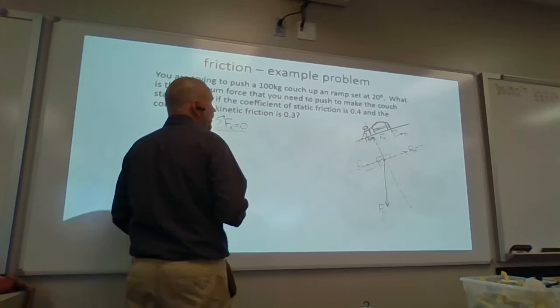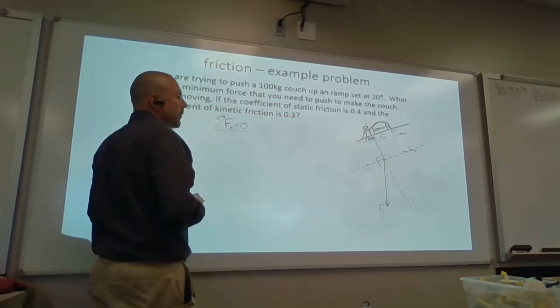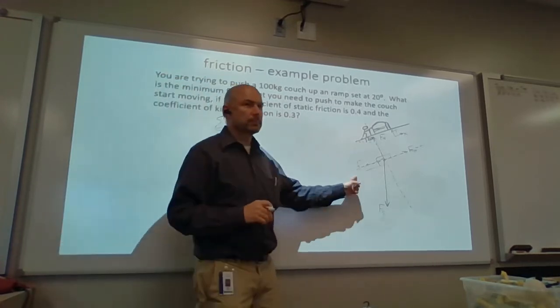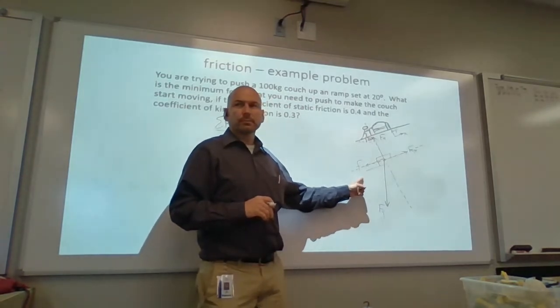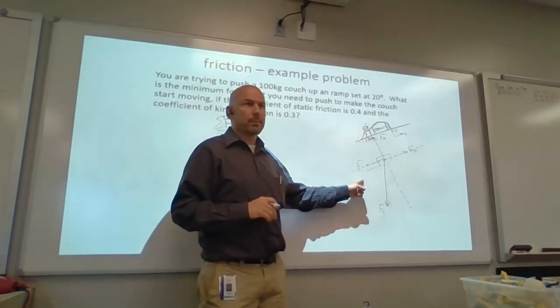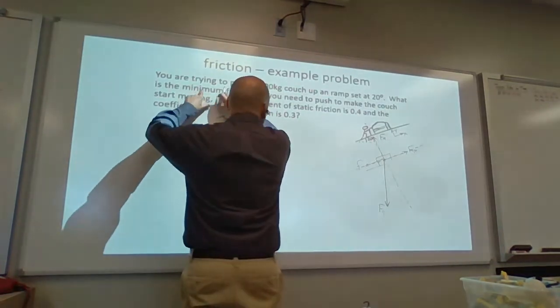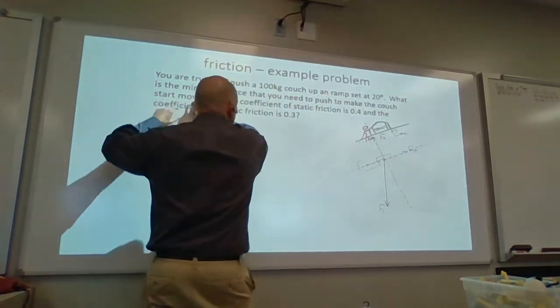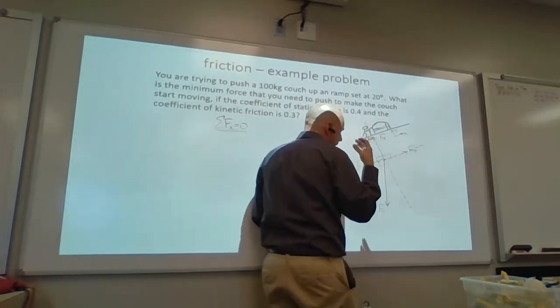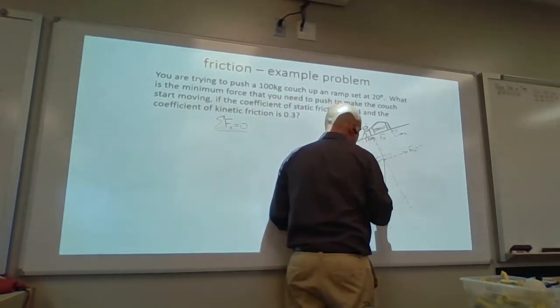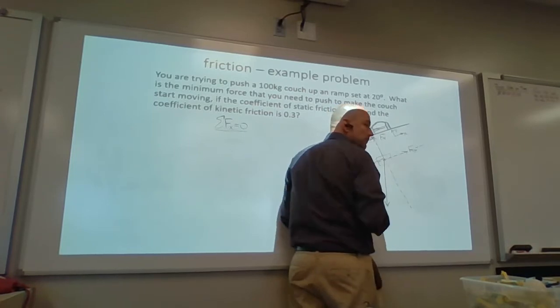Okay. Here, what type of friction is this? When it says, what is the minimum force you need to push the couch until it starts moving, those are phrases that scream maximum static friction.